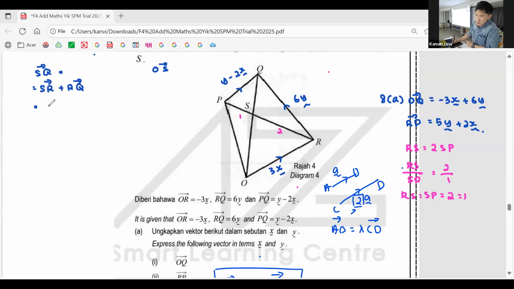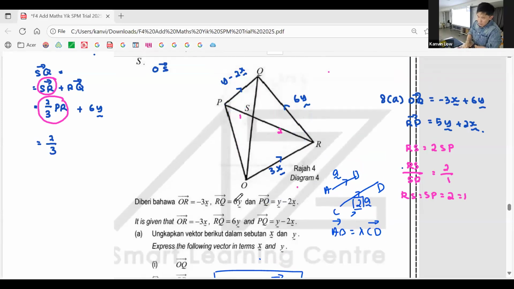SR is equals to what over what? SR is equals to 2 over 3 of PR. Very good, you got it now. SR is equals to 2 over 3 of PR. And then after that, you plus the RQ, which is equals to 6Y. Then guys, how do I find PR?